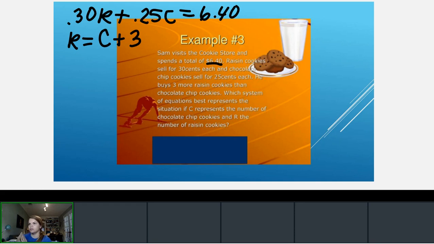So chocolate chip plus 3 equals the total number of raisin cookies.